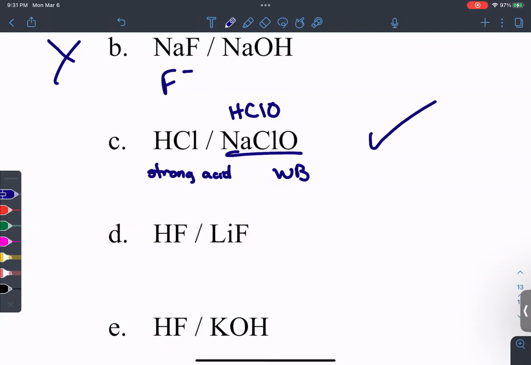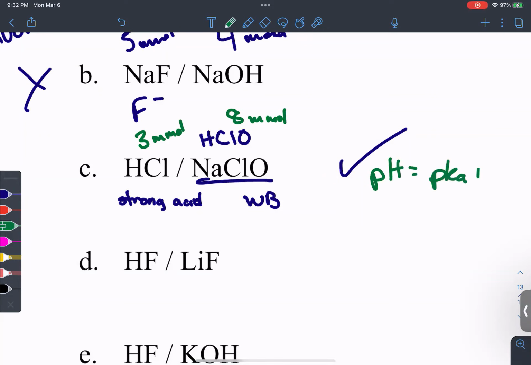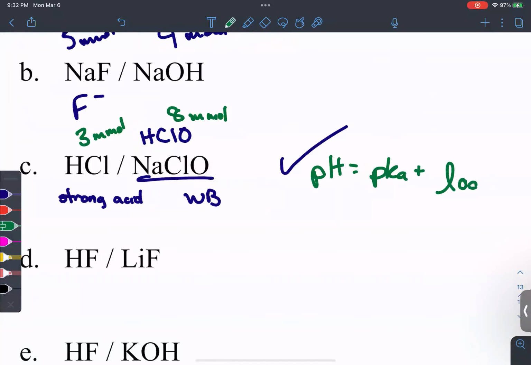Okay, so maybe if I give you some numbers, it'll help you. So if I have 3 millimoles of HCl and 8 millimoles of the other thing, and I do my Henderson-Hasselbalch equation, so pH equals pKa plus log base over acid.